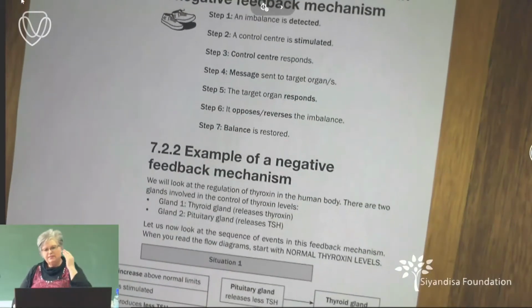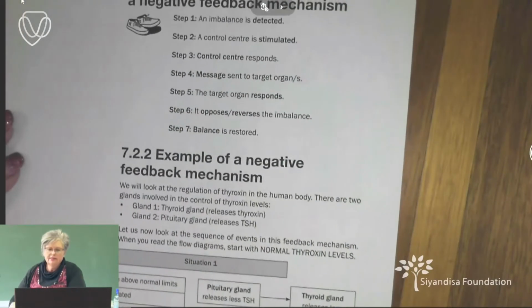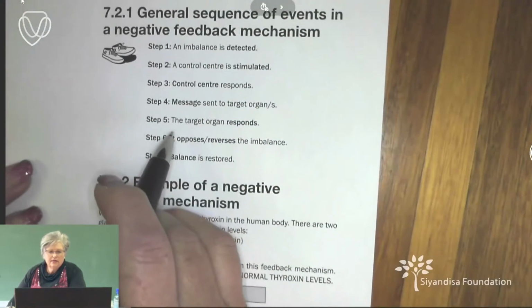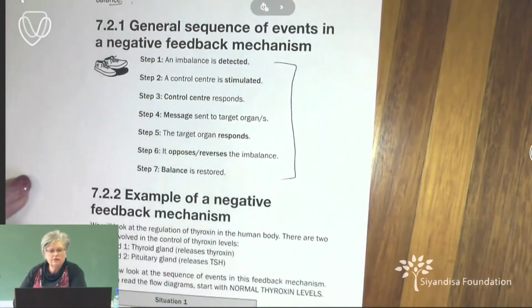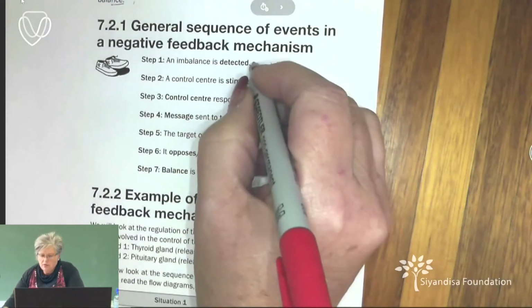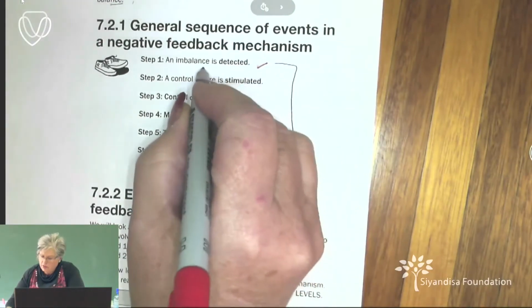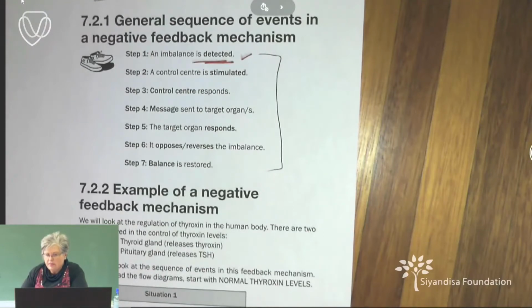Now before we look at the specific negative feedback mechanisms, it is important that we know how marks are allocated in an exam paper. Firstly, a mark is allocated if you can detect the imbalance, irrespective of which mechanism it is.